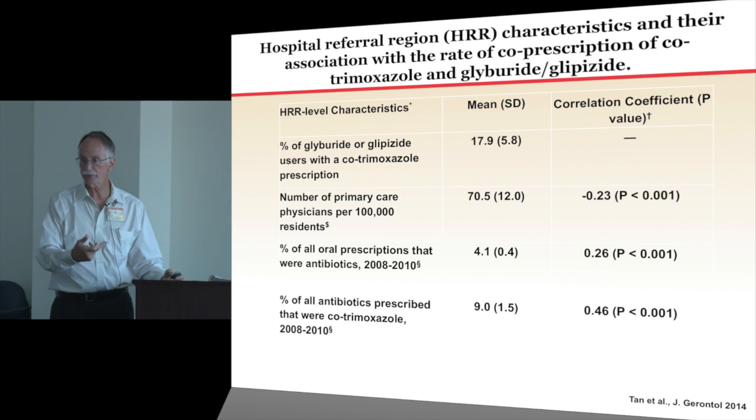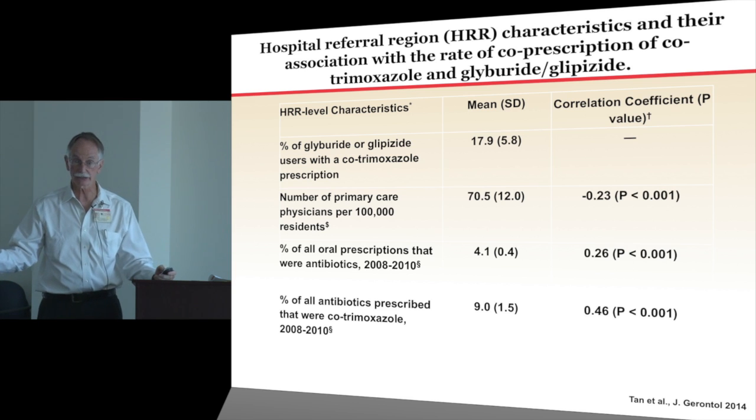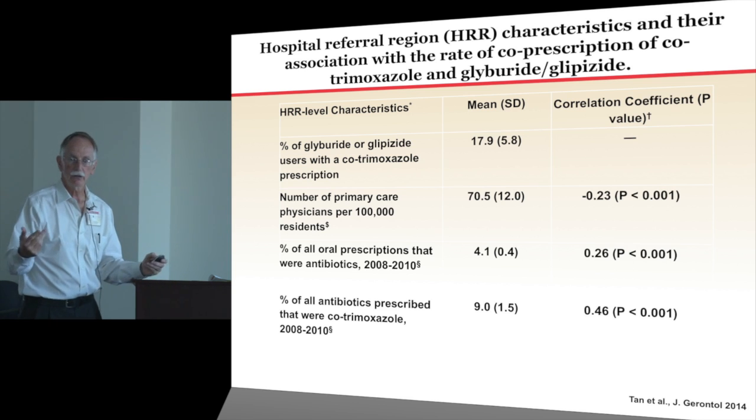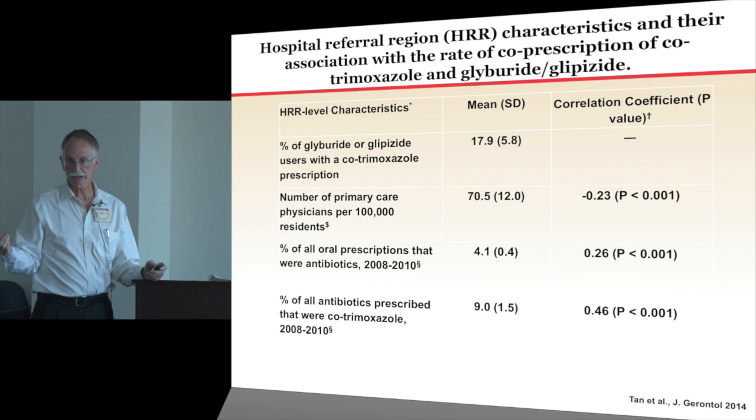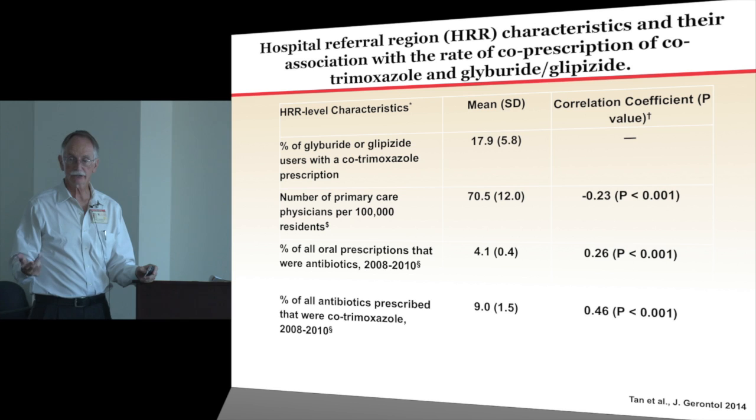Because we're calling these drugs bad now. We've already shown that they cause significant interaction, increased death, increased hospitalization, increased costs. No reason to think they have an increased efficacy because they're similar to the antibiotics that don't interact.